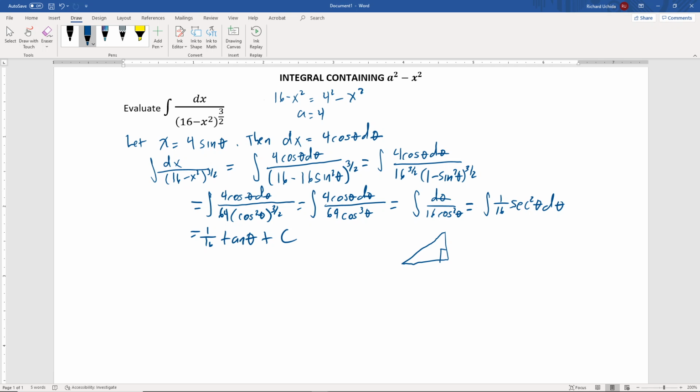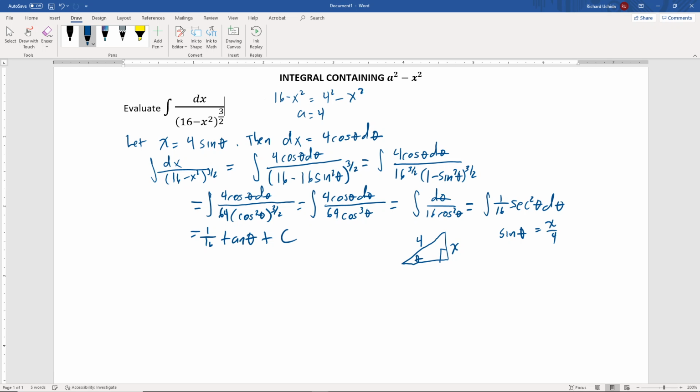Remember, we have that x equals 4 sine of theta, which meant that sine of theta equals x over 4. So if we have this right triangle where we have the angle theta, where sine of theta is equal to x over 4, remember that would be opposite over hypotenuse, so the side opposite of theta would be x, the hypotenuse would be 4.